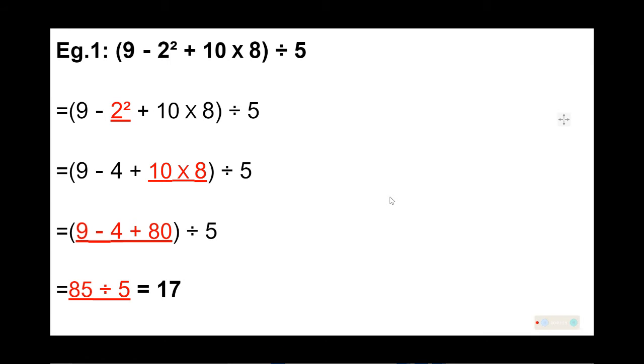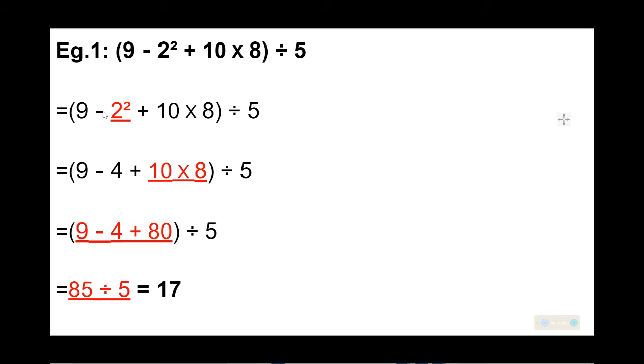Example 1, we have 9 minus (2 squared plus 10 by 8) all divided by 5. So right off the bat we could see we have some brackets to deal with here, and in these brackets we have various operations. So we are going to use BODMAS to determine what to do first. So we are in the brackets.